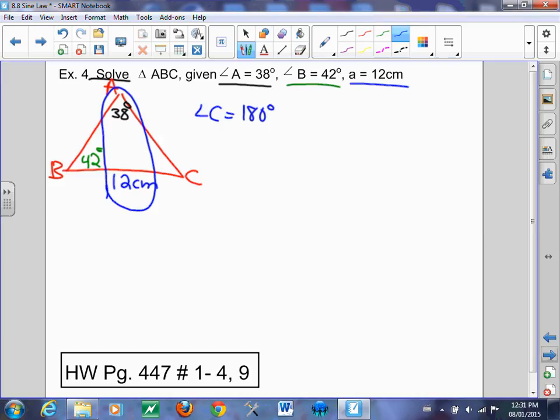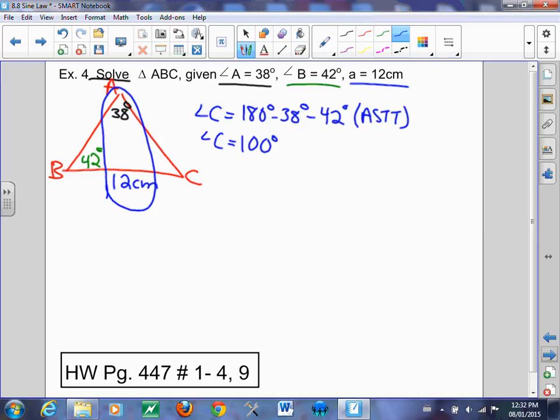So I'm going to find the third angle, then I know my angles are out of the way. Angle C equals 180 degrees, subtract 38 degrees, subtract 42 degrees, because of ASTT. Plug in your calculator, angle C equals 100 degrees. So we've got that one solved.